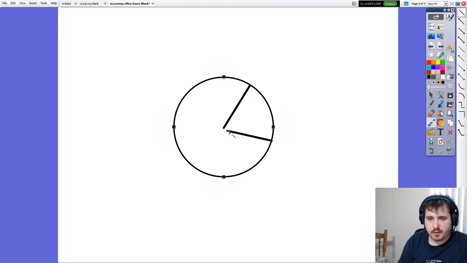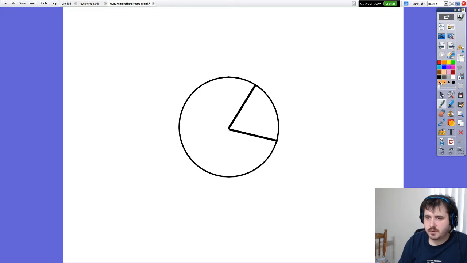If I only want this 50 degrees portion, and let's say my radius is 12, so here I've got the radius.